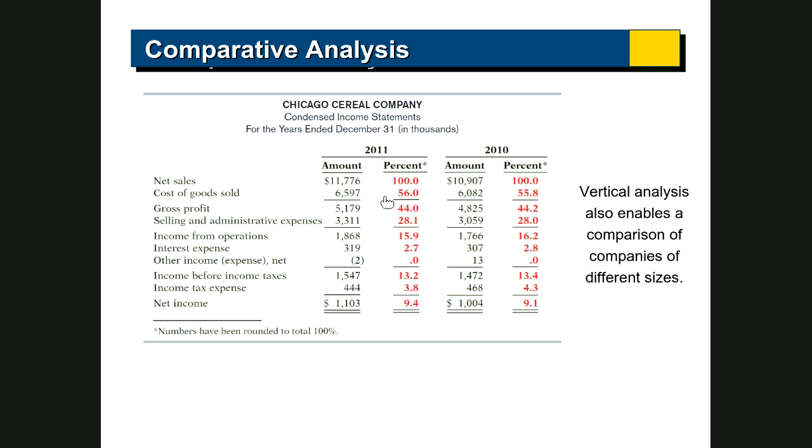If you're somewhere in the neighborhood of that number, that means your operations are under control. They are going as they're supposed to be. You're following the norm. You're not outside the norm. Does that make sense?